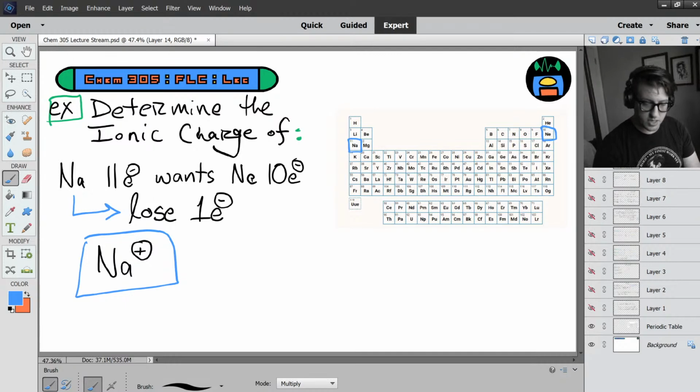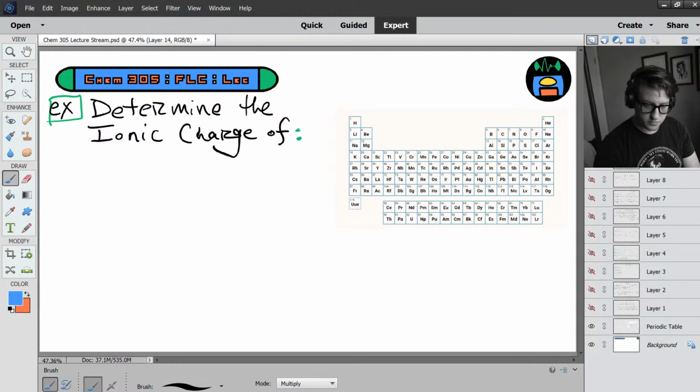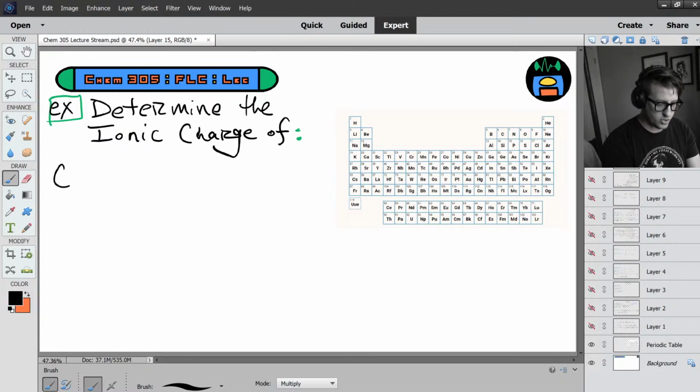Let's do another example. Let's determine the charge that calcium will develop. So let's identify calcium. It's right here, number 20, on the periodic table.